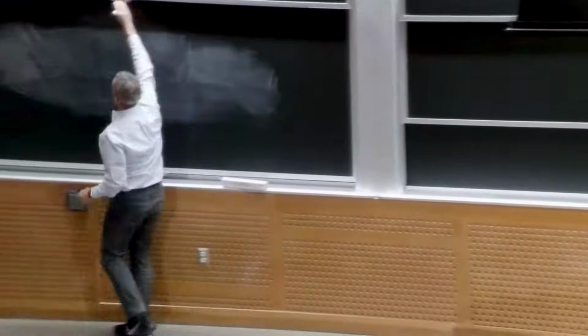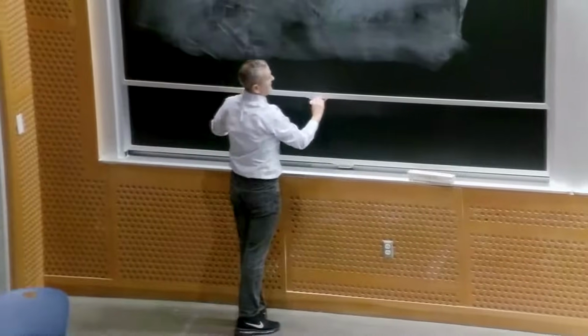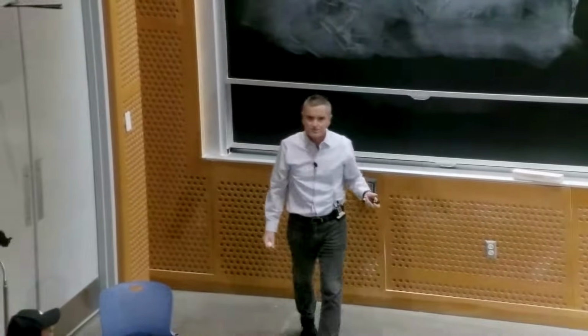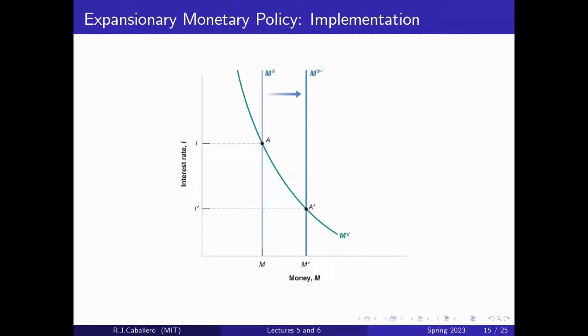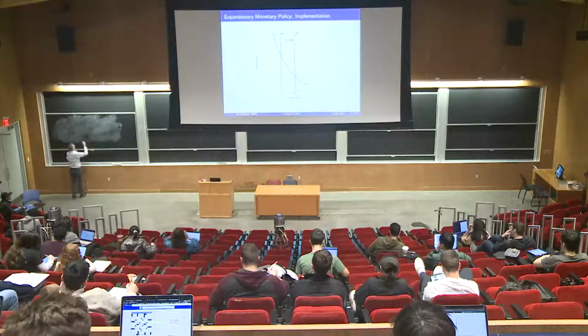This will allow me to illustrate the modern approach. Remember, the Fed's decision was not to increase the money supply by 35%. What the Fed communicated to the market was that it was going to cut the interest rate by 50 basis points. So initially, the way it does that overnight is it goes out and does exactly that.